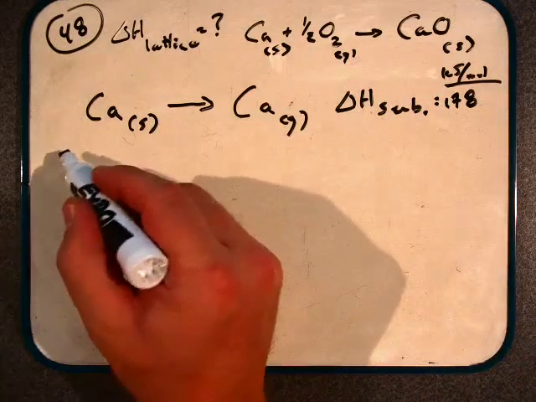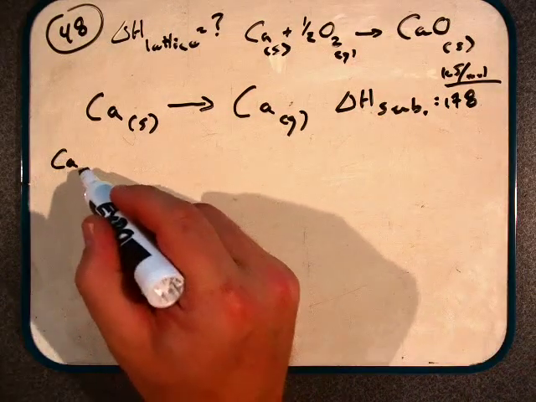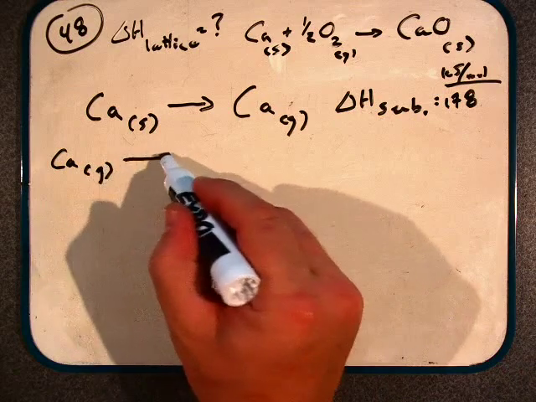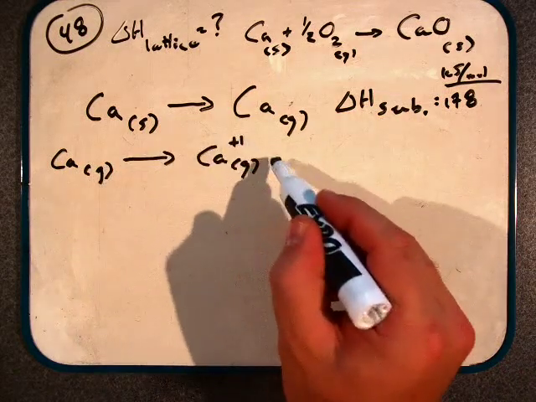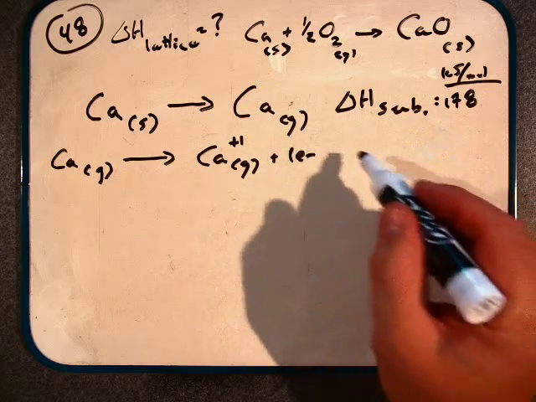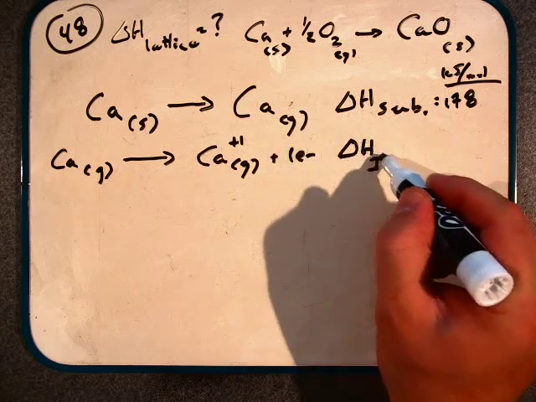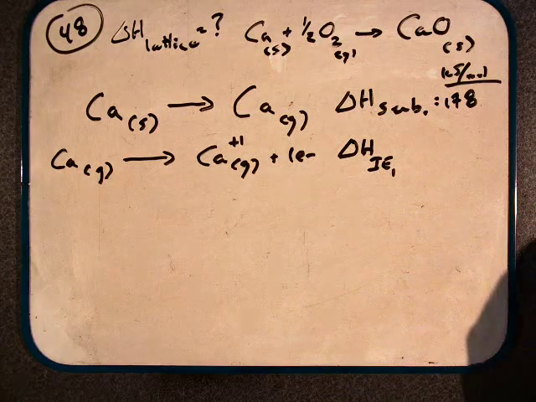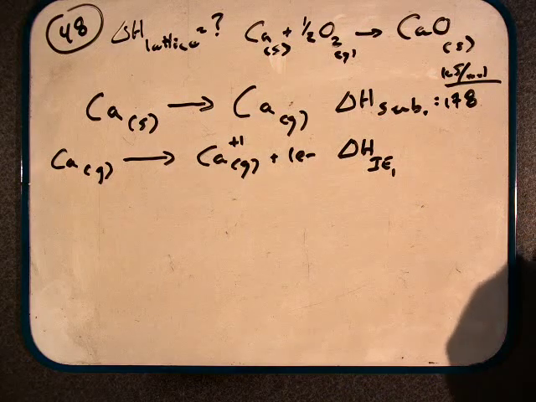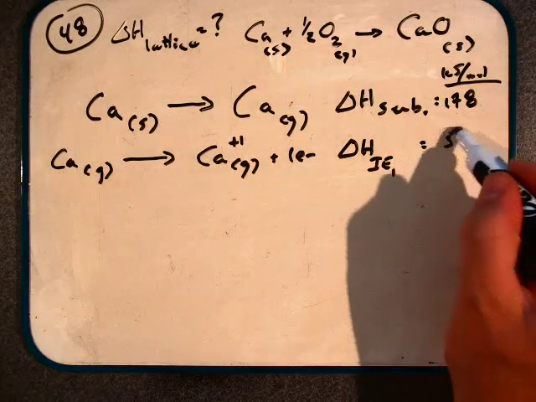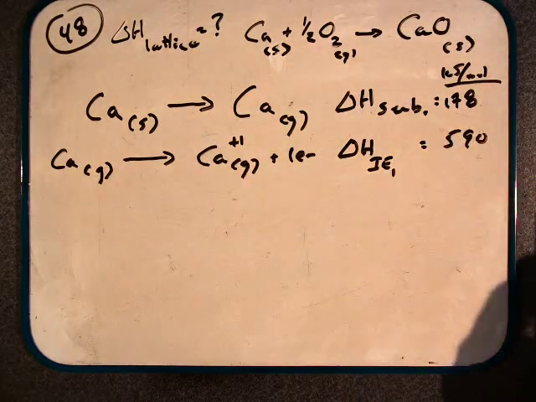It's monoatomic. And so now we want to ionize calcium. And we have to do this in a stepwise manner. And so there's going to be 2 ionization energies, which they give us in the question. The first ionization energy was equal to 590 kilojoules per mole.